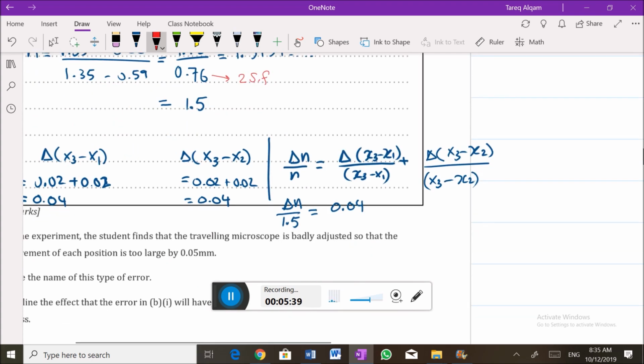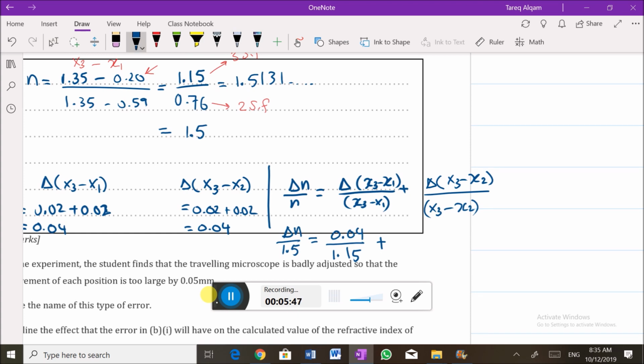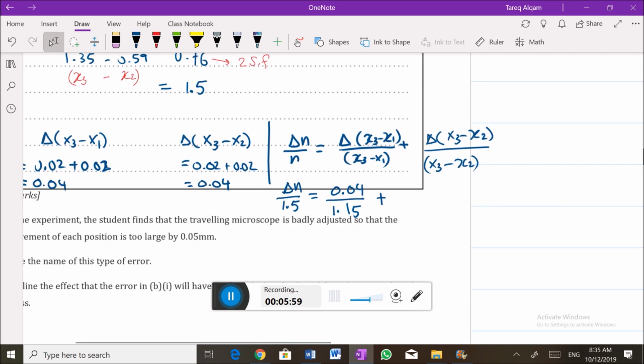So 0.04 over 1.15 plus, there is no power here, also 0.04 over x3 minus x2, which is 0.76.